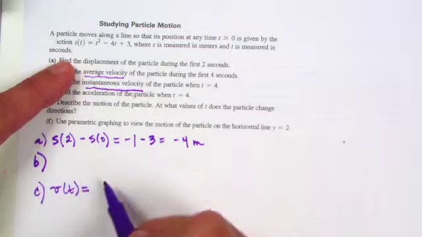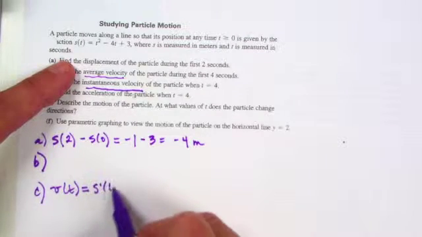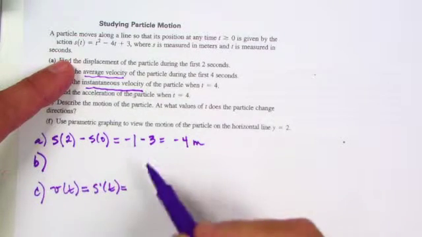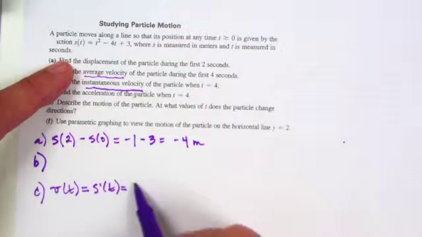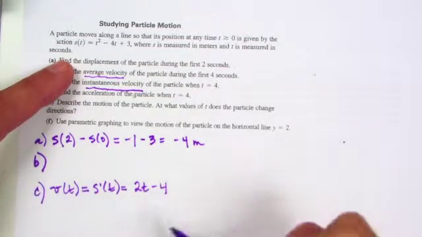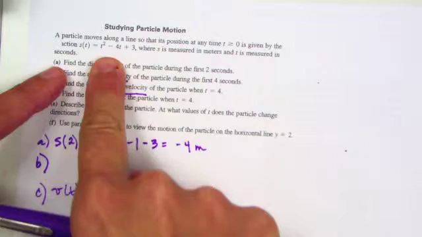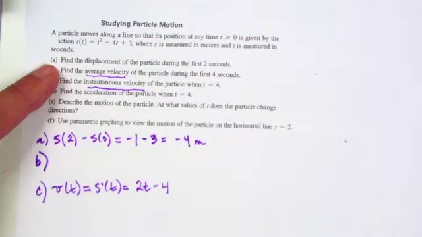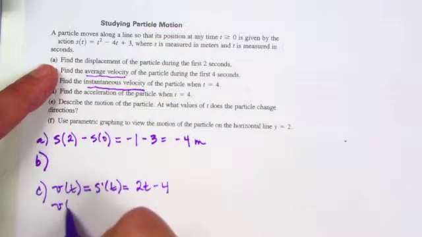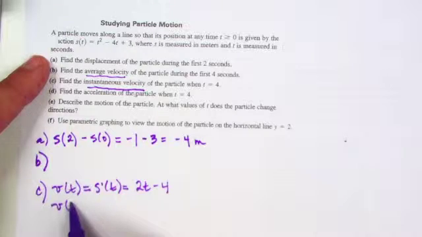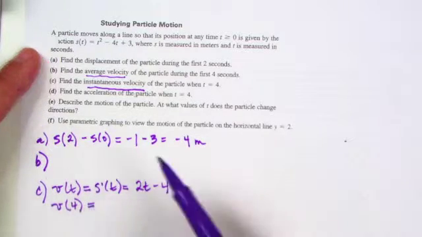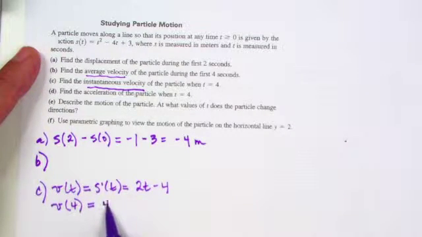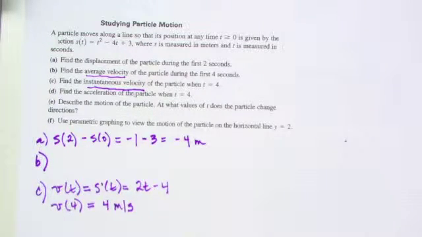Derivative of this. Okay, and then tell me what it is. 2t minus 4, right? And then I want it at time what? 4. So what's that equal? 4, what are the units? Meters per second, right?